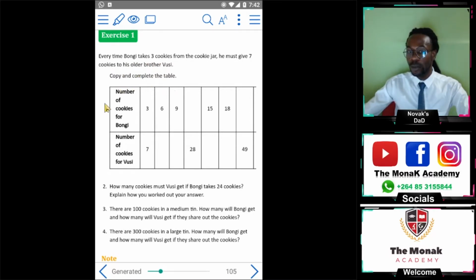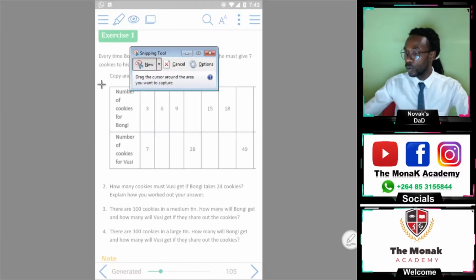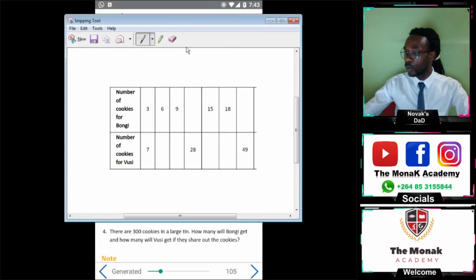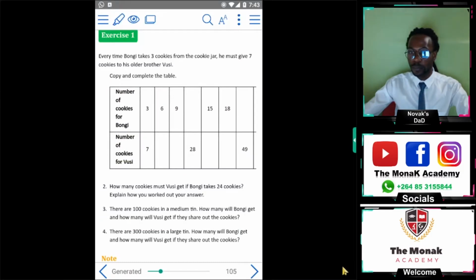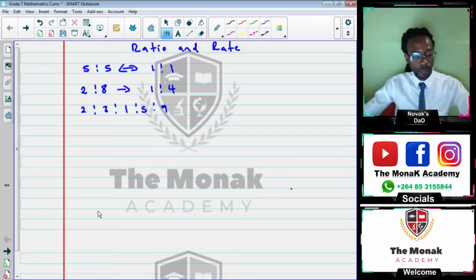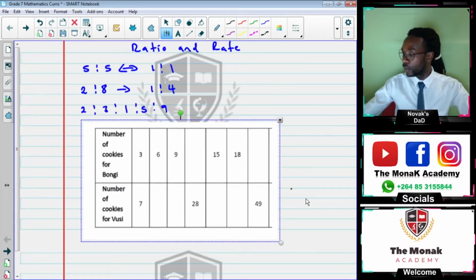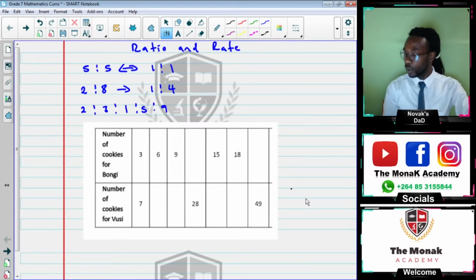So we copy. If we look at our table here, we have number of cookies for Bongi and number of cookies for Vusi. We have been told that the ratio is 3:7.